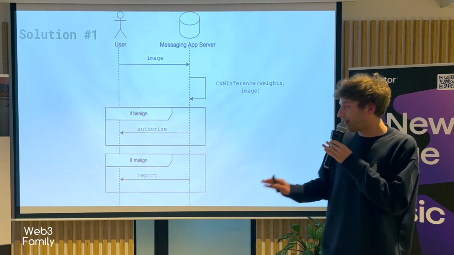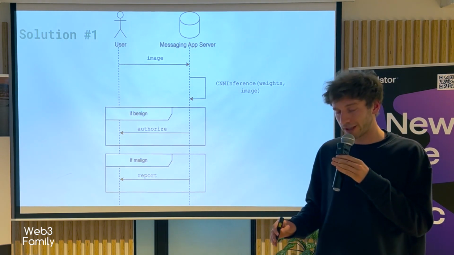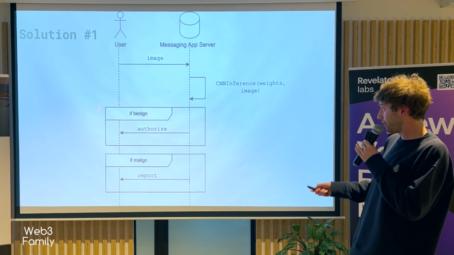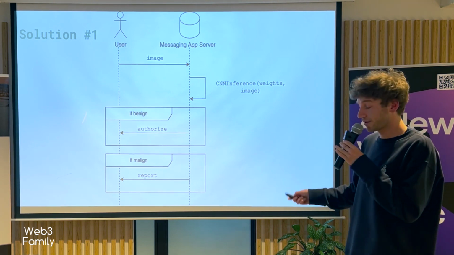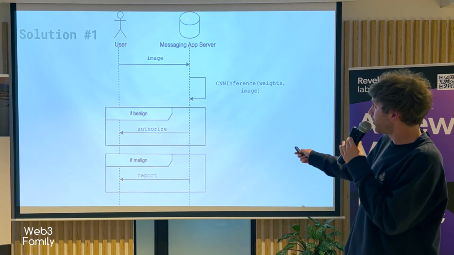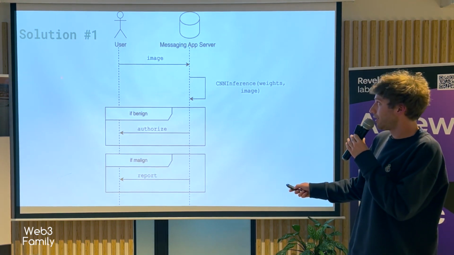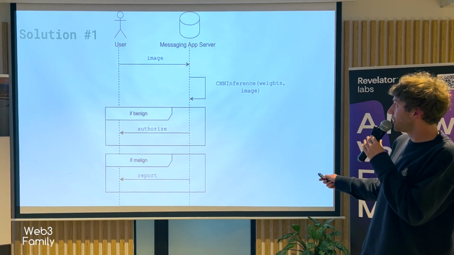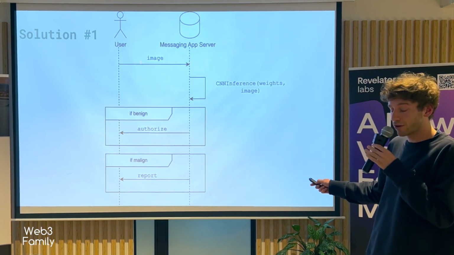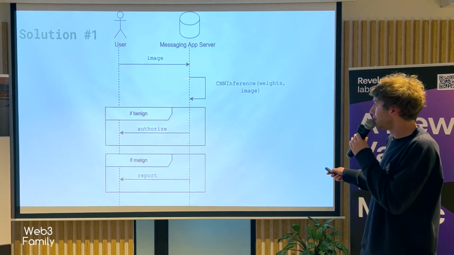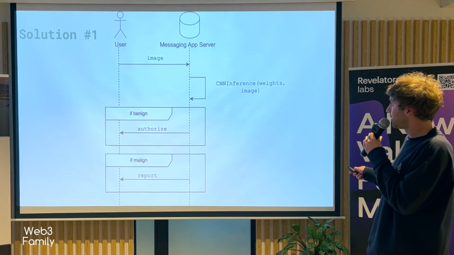Okay, so we finally get to a potential solution to the original problem. We see this diagram, and we're going to see it many times across the presentation. We have a user and we have the messaging app server. In this setting, the user shares the image, the content that they want to send to someone else, with the messaging app server, which runs this CNN inference starting from the weights.